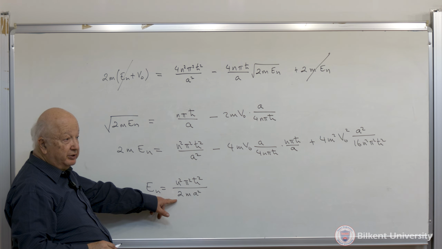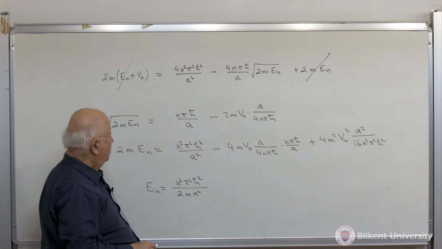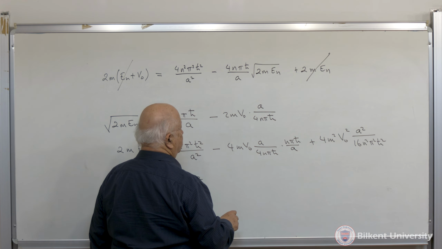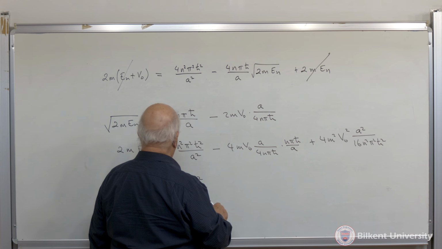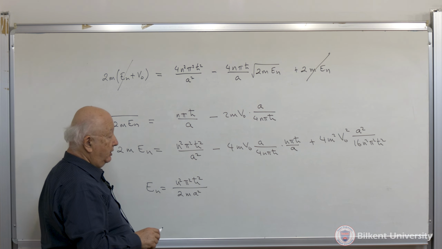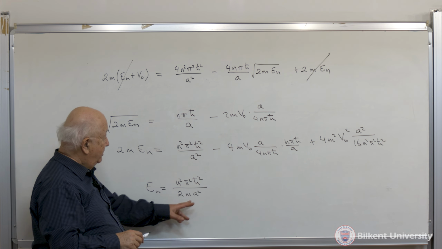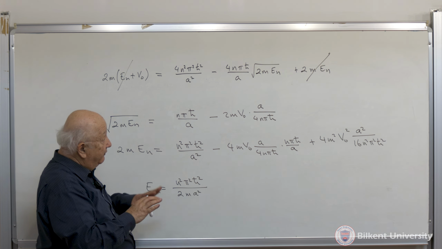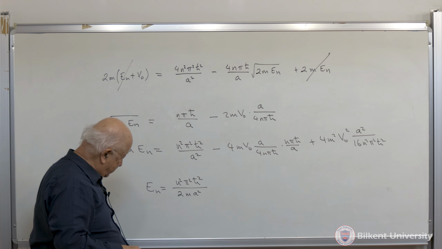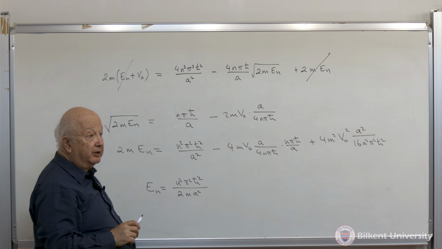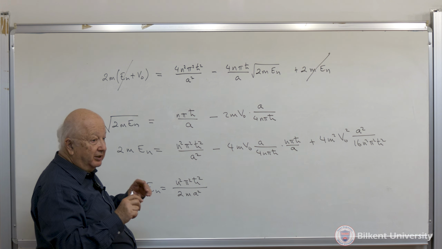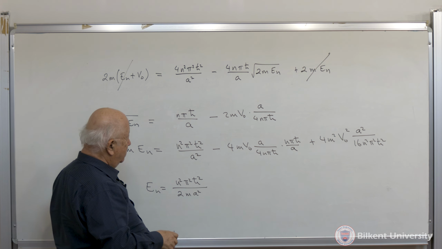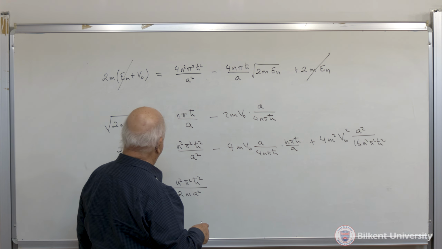Can you see what this term is? Energy levels in the quantum well. Yes, okay, so this is the energy level of the quantum well if there is no dip V0 present. So if you like, this is the E_n0, the unperturbed energy.